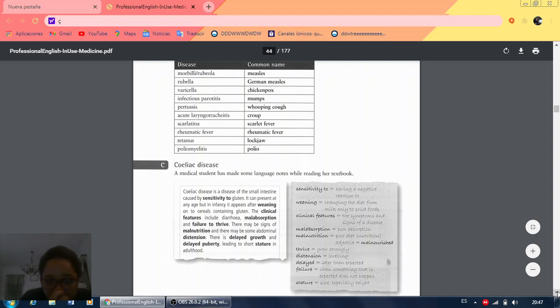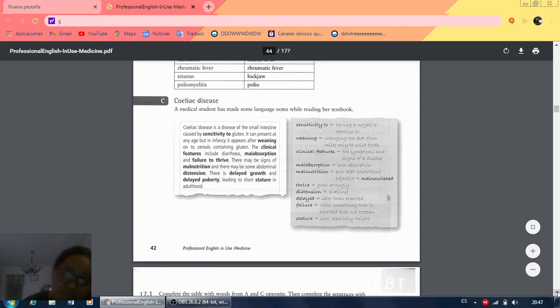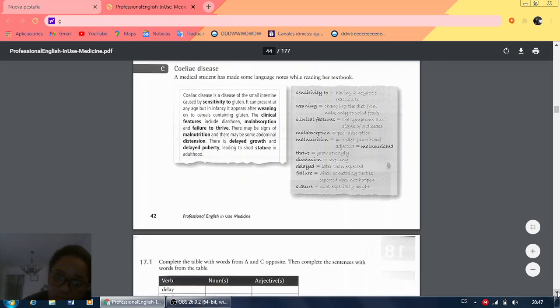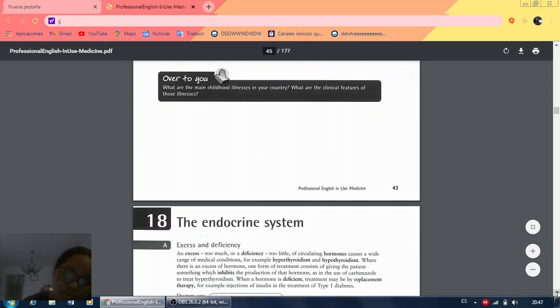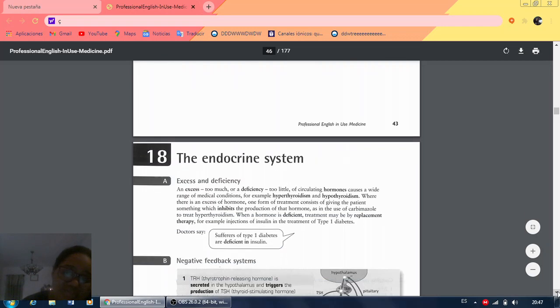It presents in infancy, with several clinical features including diarrhea, malabsorption and failure to thrive. Symptoms might disappear during growth and return in puberty or adult life. Very good, very good. The endocrine system.